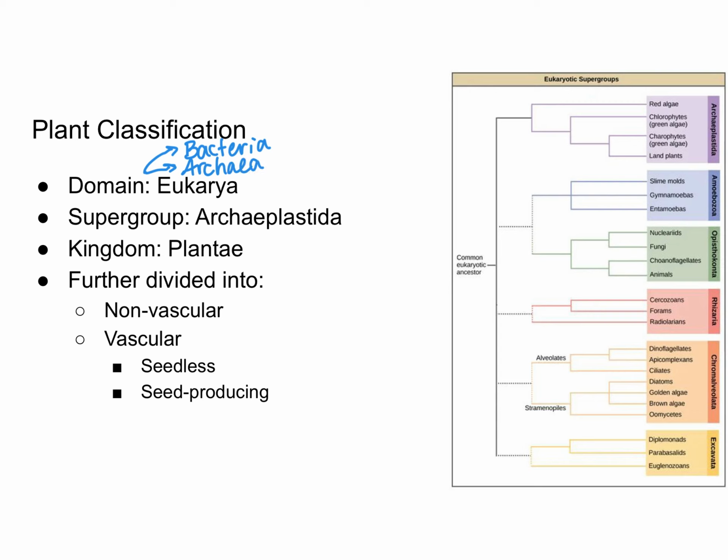And then we've already talked a little bit about the domain eukarya, because remember we talked about protists and fungi, which are also eukaryotes or made up of eukaryotic cells. And so plants are also going to fit into this domain, eukarya.